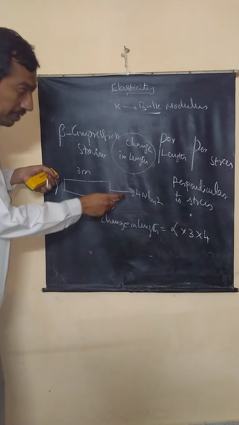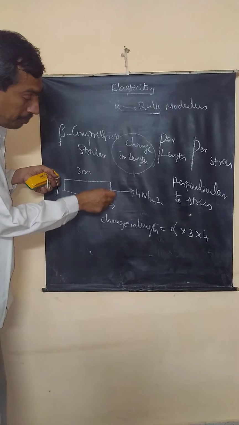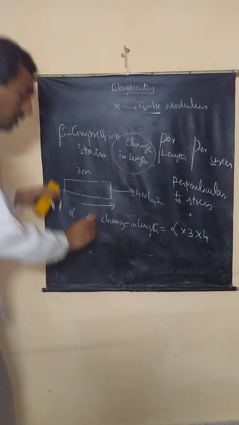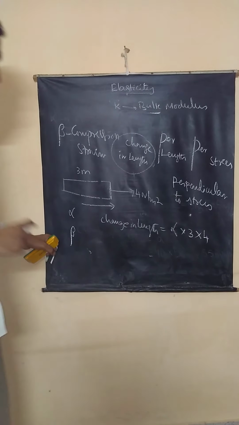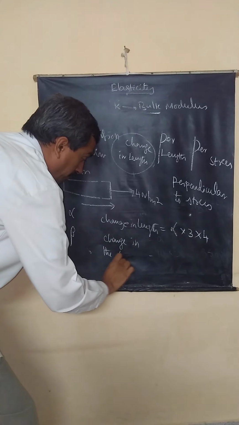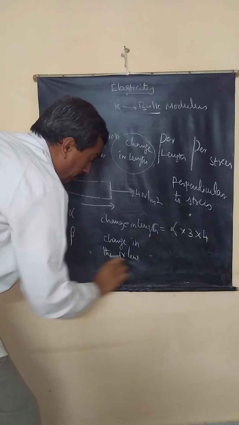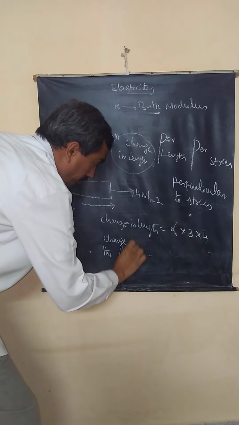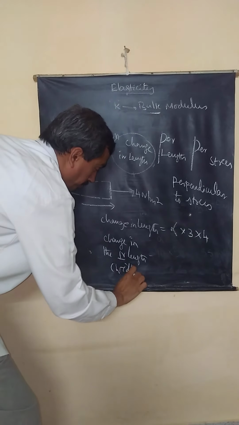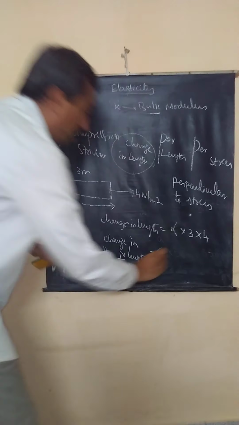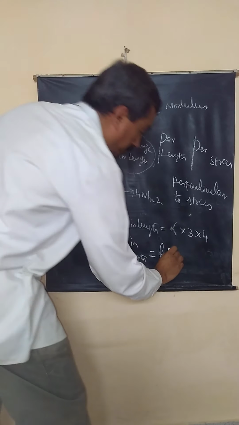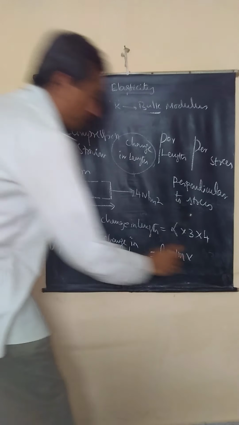Now, because of this stress, in the perpendicular direction this width will decrease. Suppose beta is the compression strain, then the change in the perpendicular length, the width, is equal to beta into the width, 1 meter, into the stress, 4.